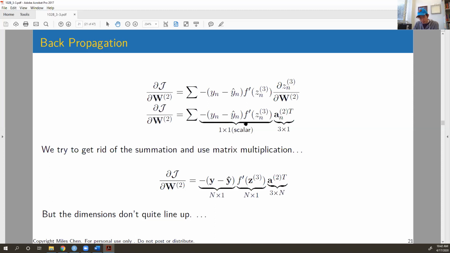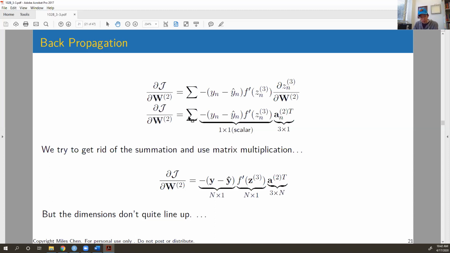And the gradient of z was that 3 by 1, so A sub n transpose is going to be a 3 by 1 matrix. When I multiply the scalar by this, I'm going to get a 3 by 1 matrix.